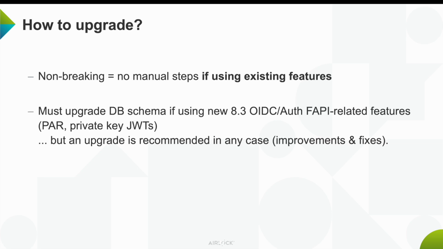However, you need to upgrade the database schema if using the new OpenID Connect FAPI related features like private key JWTs and so on. But we recommend upgrading the database anyway, so you stay on top of the latest database schema. It may make future updates or fixes a lot easier for you.